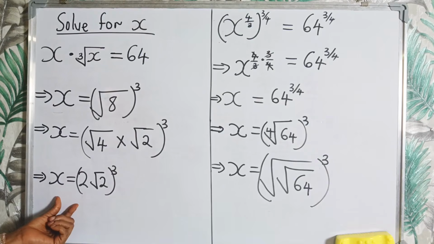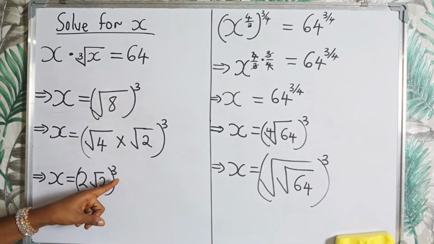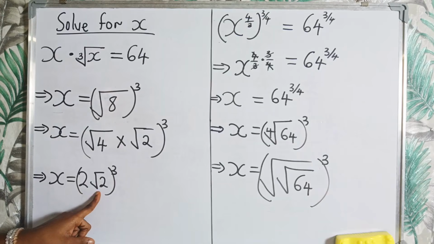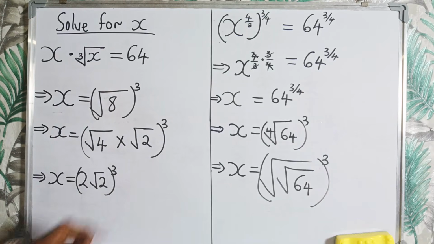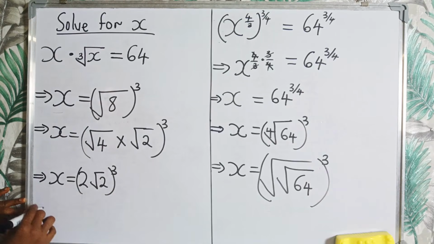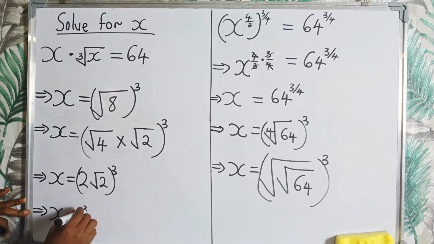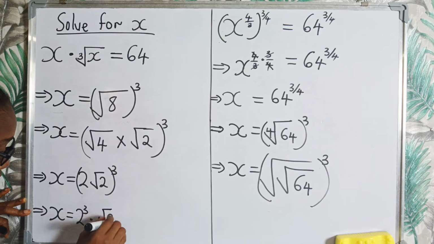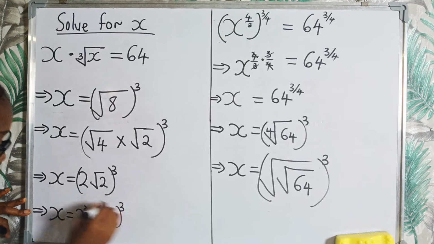Okay, to simplify further, we have to raise 2 to the power of 3 and also raise the square root of 2 to the power of 3. So now our x is equal to 2 raised to power 3 times the square root of 2 raised to the power 3.